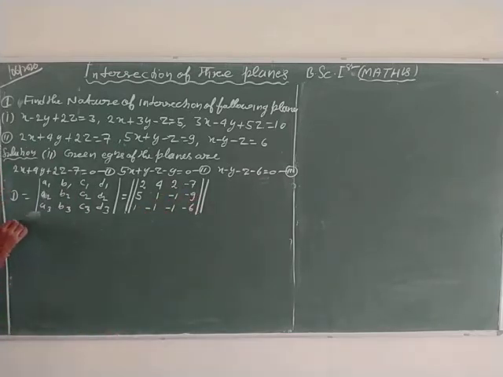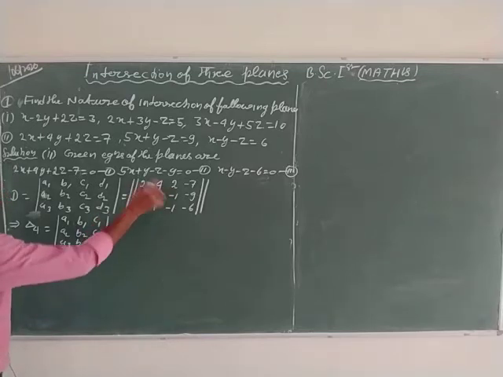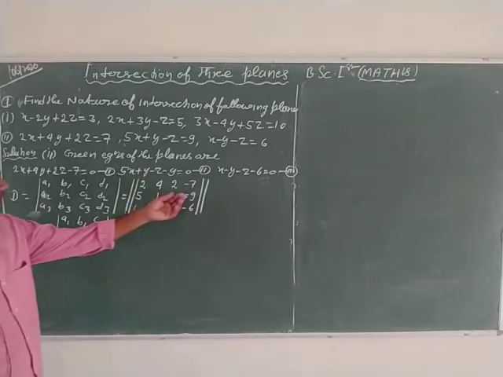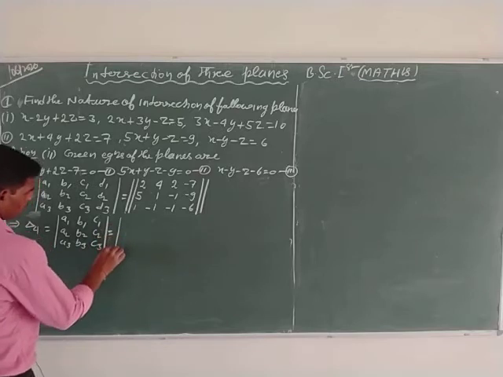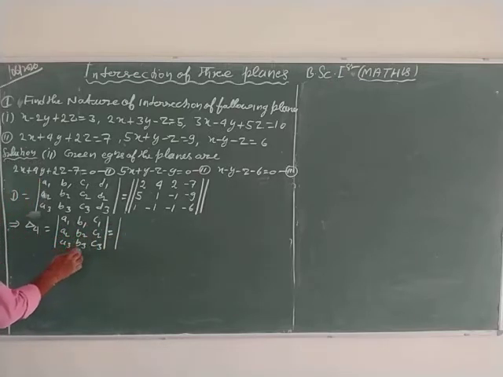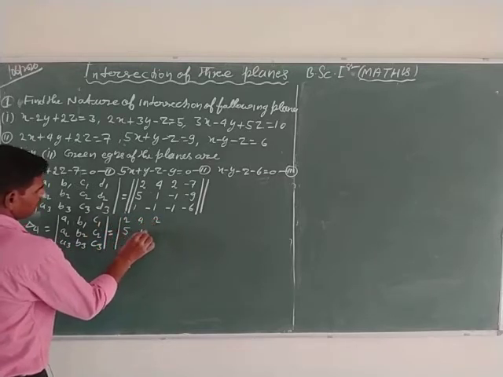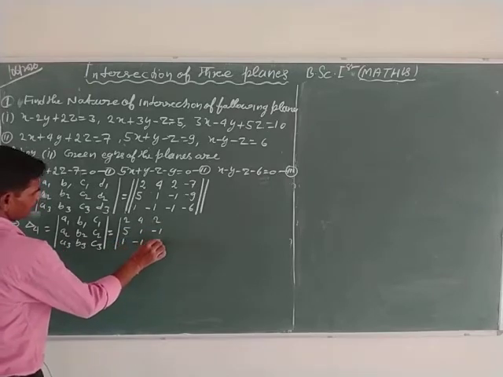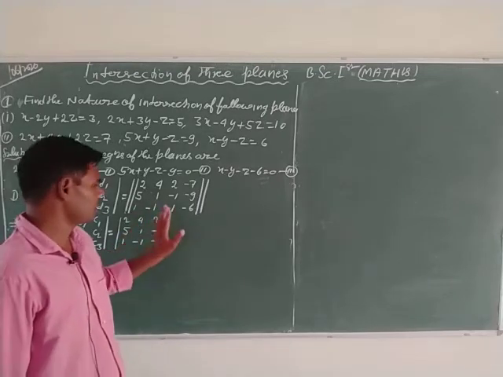So delta 4 has rows A1, B1, C1; A2, B2, C2; A3, B3, C3, eliminating the fourth column D1, D2, D3. Putting in all the values: 2, 4, 2; 5, 1, -1; 1, -1, -1.